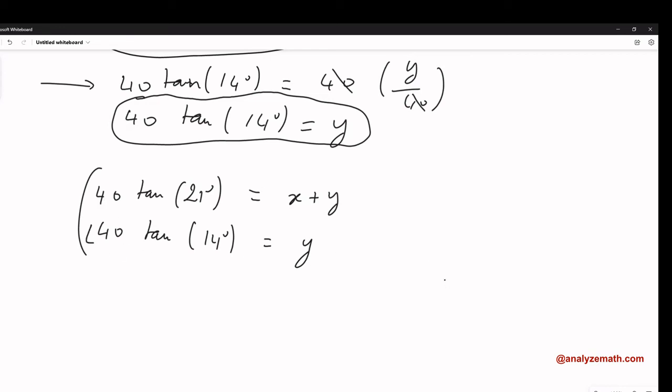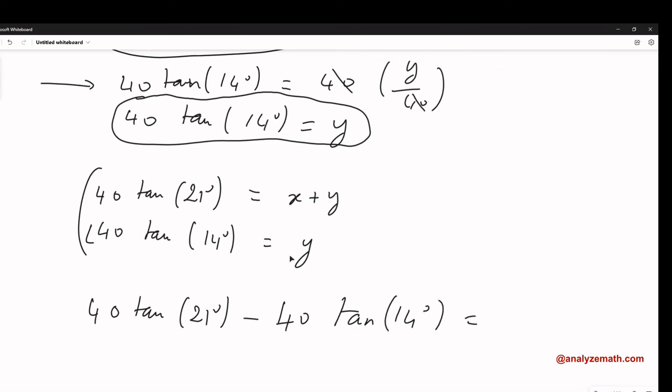So 40 tangent 21 degrees minus 40 tangent 14 degrees equals this minus this.